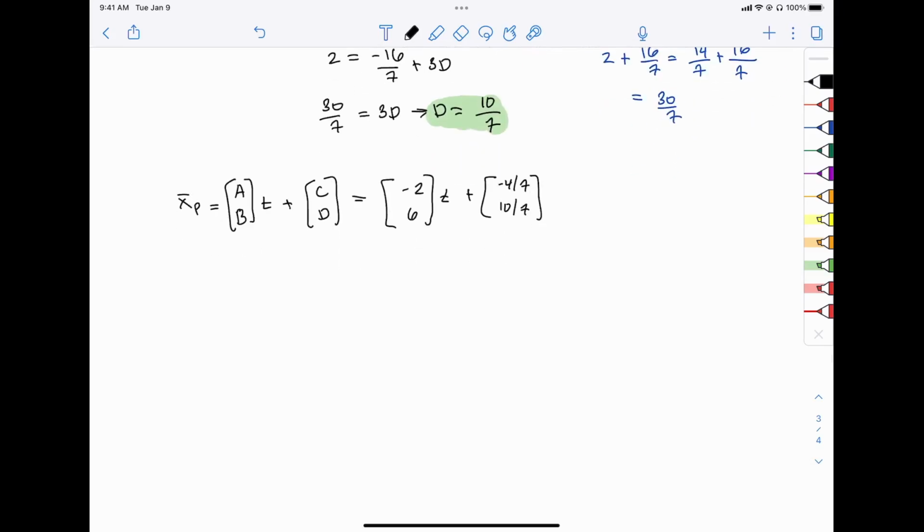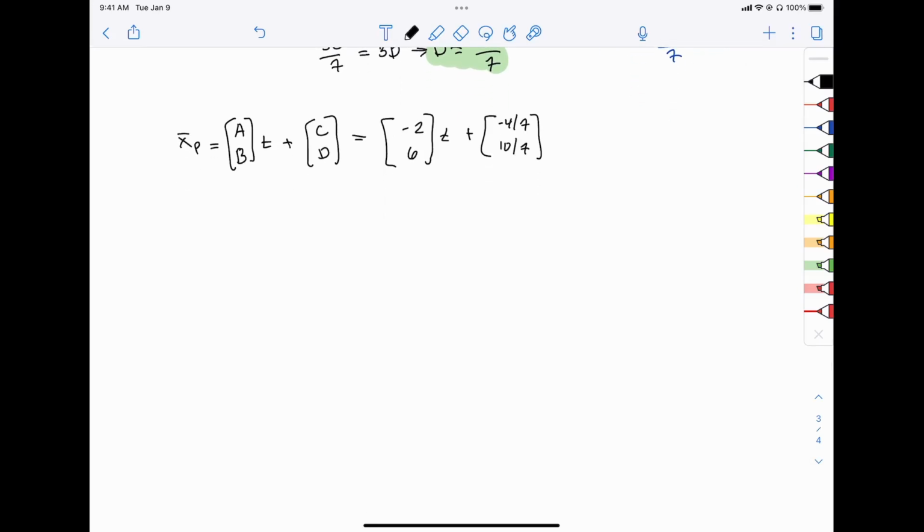Now the very last thing is your aha moment. This worked. It looks good. We didn't run into any problems, which is nice. So we must know that our solution is going to equal X, our homogeneous solution, plus our particular solution.